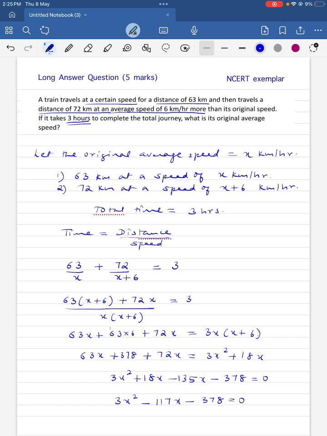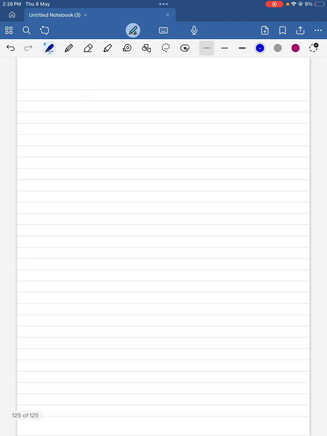Let me divide throughout with 3 and I would get a simpler equation as x squared minus 39x minus 126 is equal to 0. Now we just have to solve this quadratic equation. Equation was x squared minus 39x minus 126 is equal to 0.